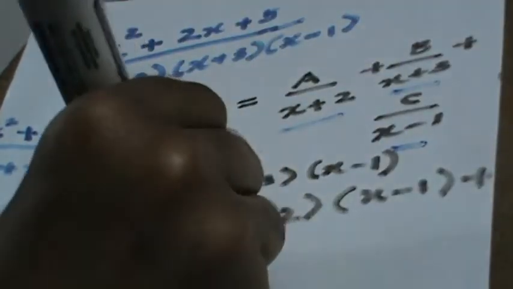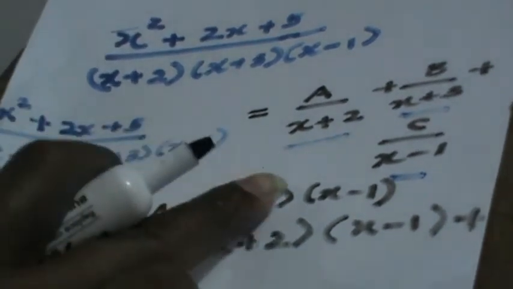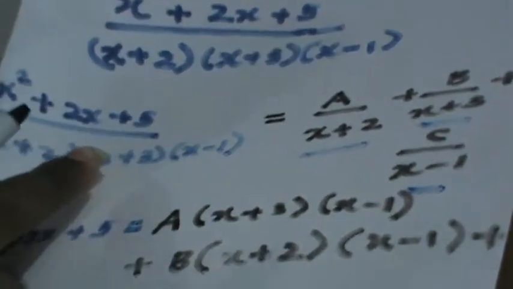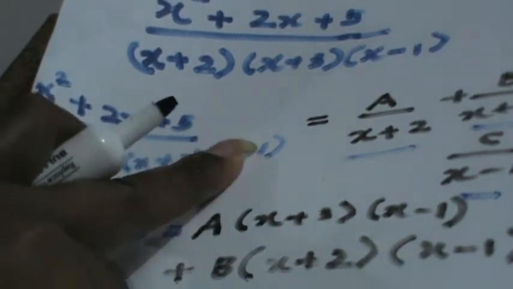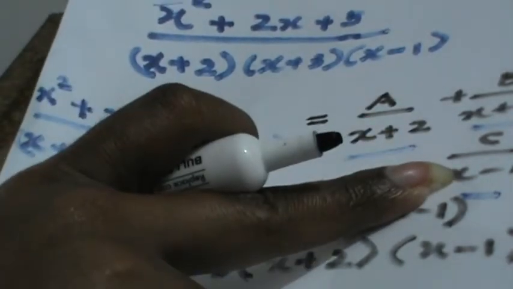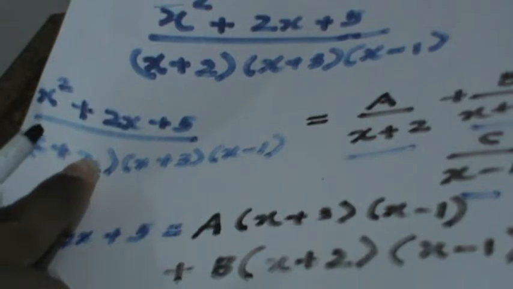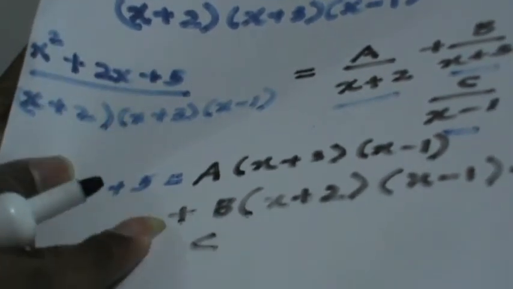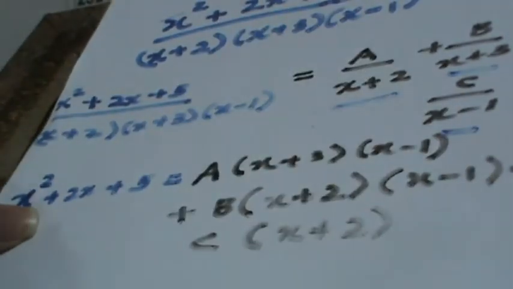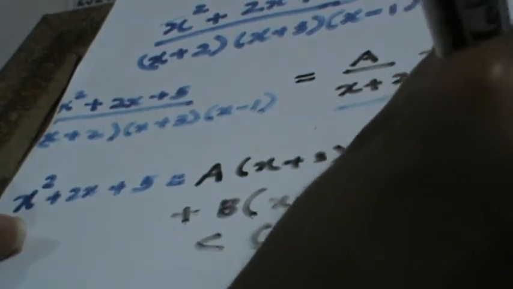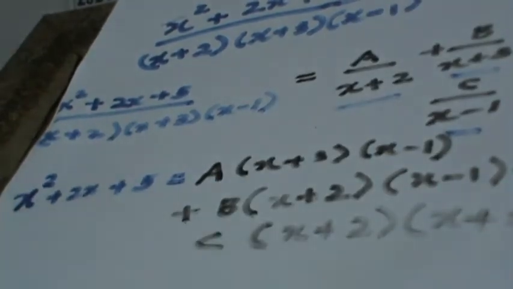Plus c: the denominator is x minus 1, so that x minus 1 cancels off and the remainder will be x plus 2 times x plus 3. So c times x plus 2 times x plus 3.